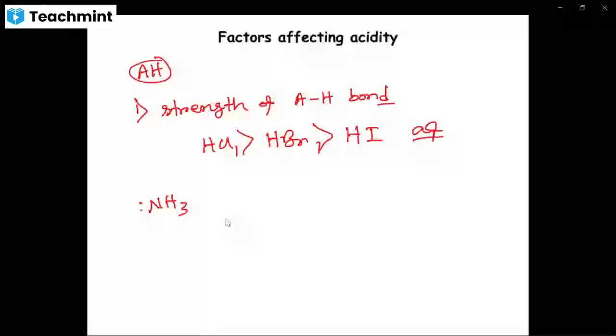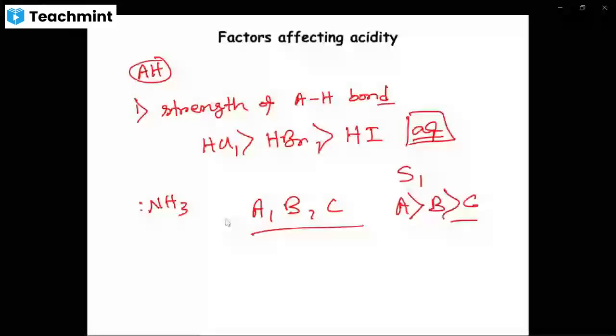And what is leveling effect? Let's say you are given three acids A, B, and C, and for a particular solvent, let's say S1, A is more acidic than B, which is more acidic than C. In S2 solvent also the same trend is followed. Likewise, you just vary the solvent from S1, S2, S3, S4 like that.